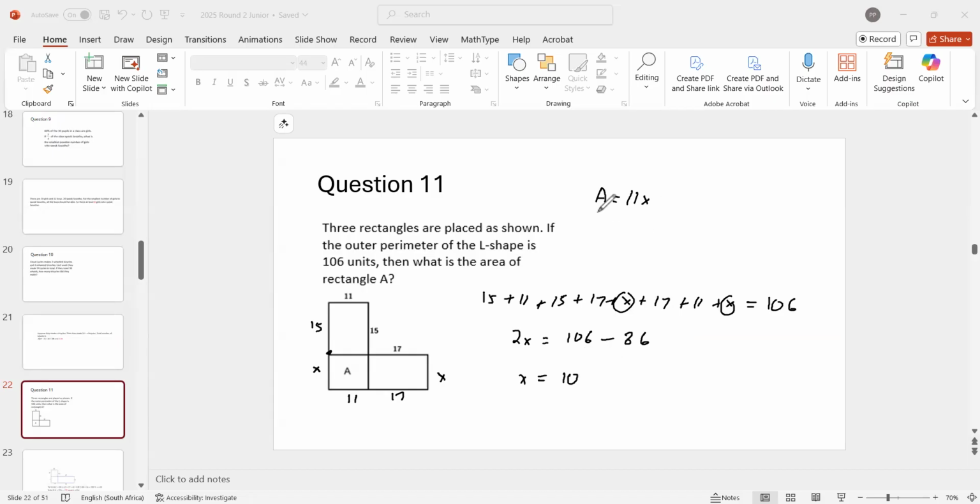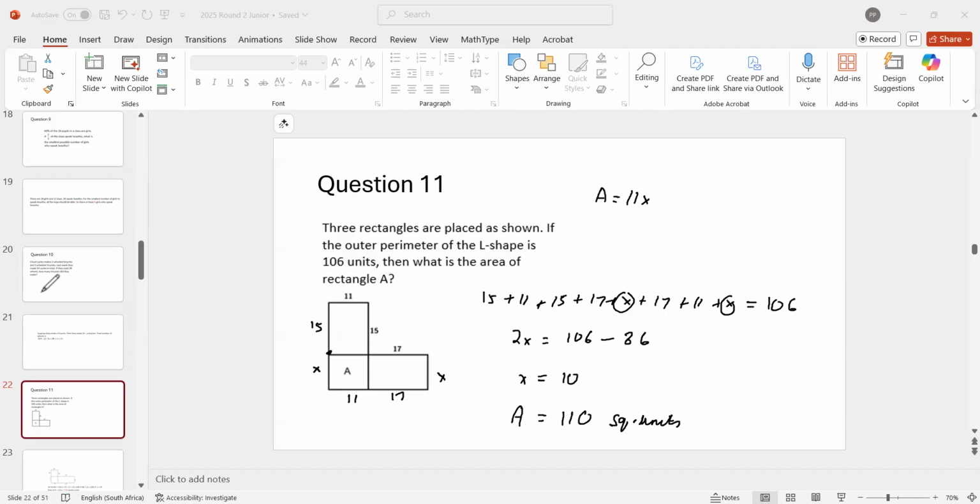Oh, if x is 10, then the question is, what is the area? That is the question, not x. It's 11 times 10, so it's 110. You must write down square units. They are not given. They just say 106 units. So you must say the area is so many square units. Okay, so that is the answer to that question.